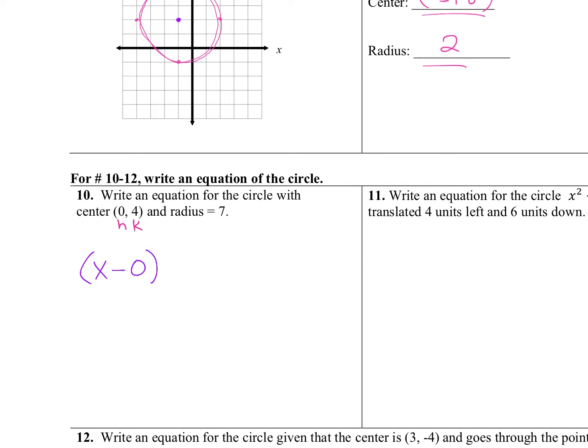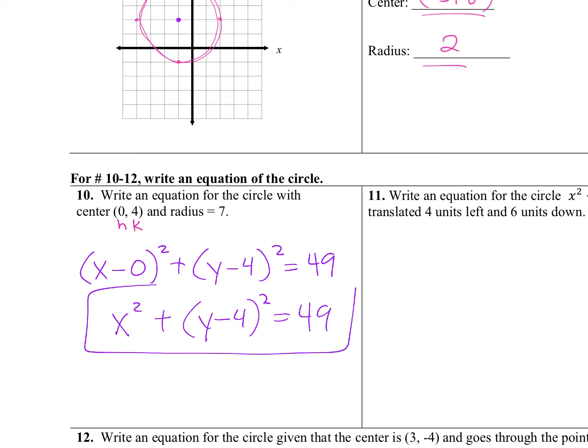X minus 0 squared plus Y minus 4 squared equals what? 49. So your best answer here, X minus 0, is just X squared plus Y minus 4 squared equals 49.